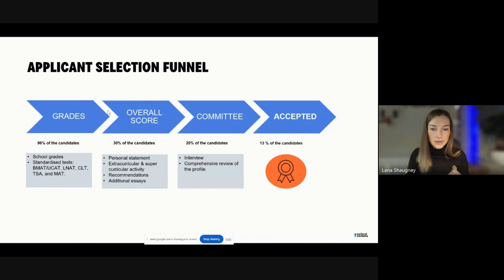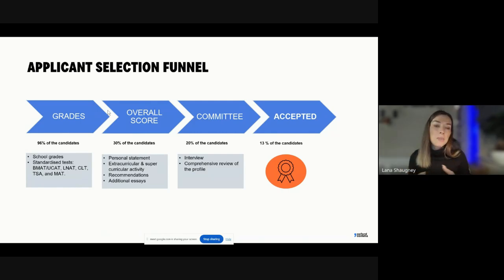They look at any extracurricular or supercurricular activity that you've done, your recommendations, and any additional essays that you've written. At this stage, some candidates have been weeded out as well, and we have about 30% of the entire candidate pool that have progressed.